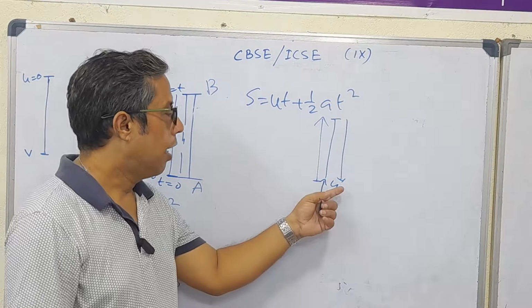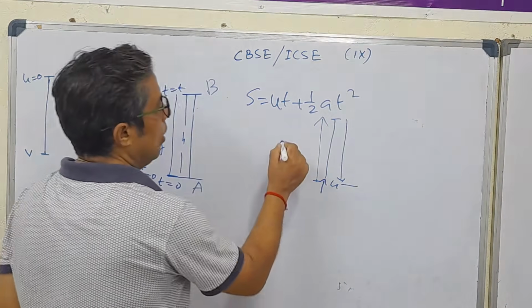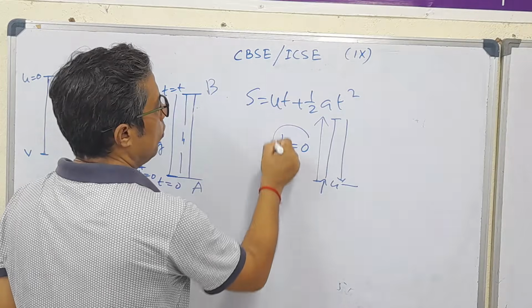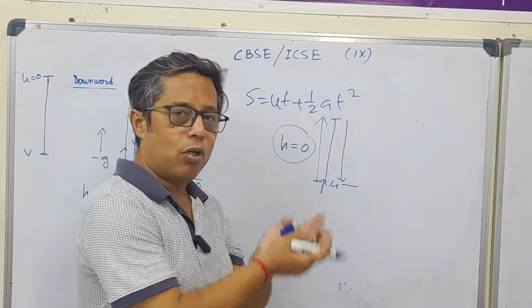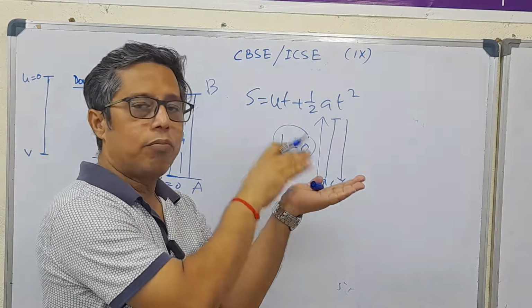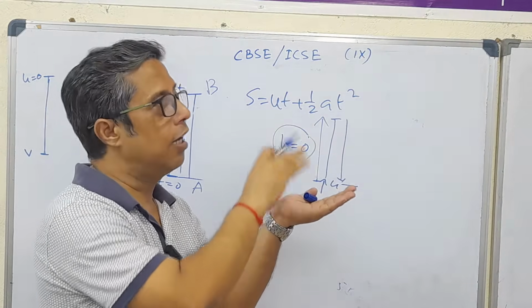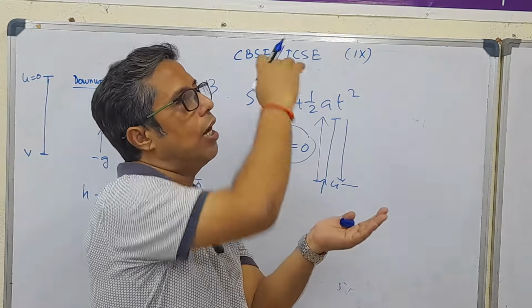When the object comes back to the same position, what will be the height? Can you take the height as 0? Yes. I throw a ball from here, then it comes back to my hand. So if my hand is the initial position, the height is 0. It will again come back here, so the height will be 0 for the total time of flight.